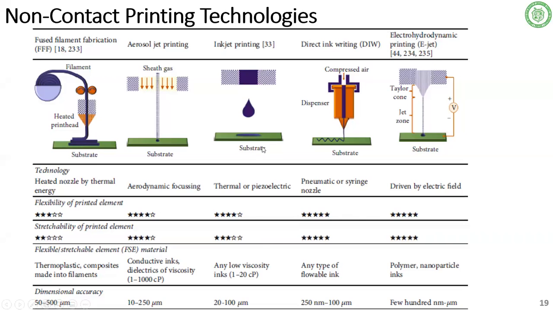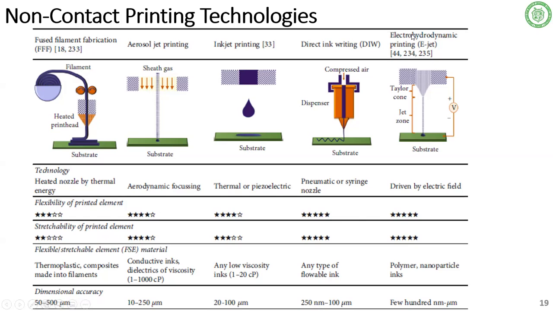This inkjet printing technology, thermal or piezo based, is the most established printing technology available in the market. Now, there is direct ink writing, DIW. You have an ink, you have a nozzle, and you push it with compressed air, and you can print on the substrate. And you can have a feature size of 250 nanometer to 100 micrometer.